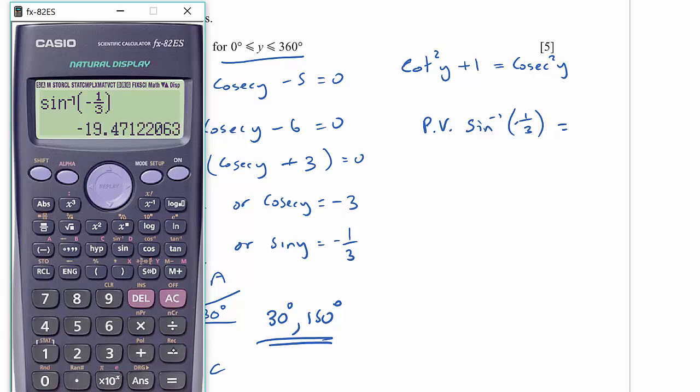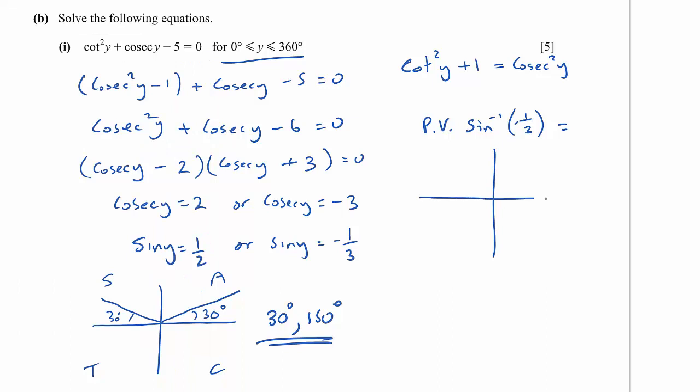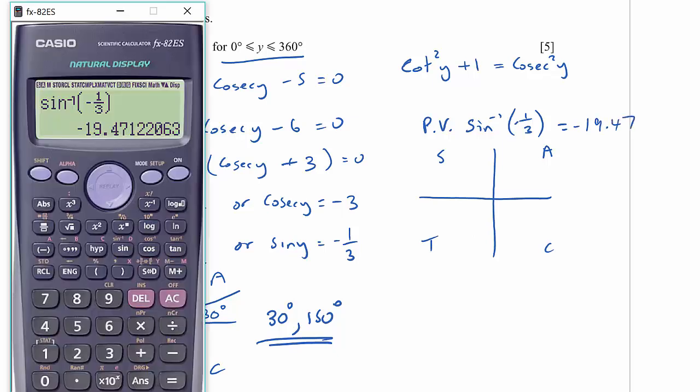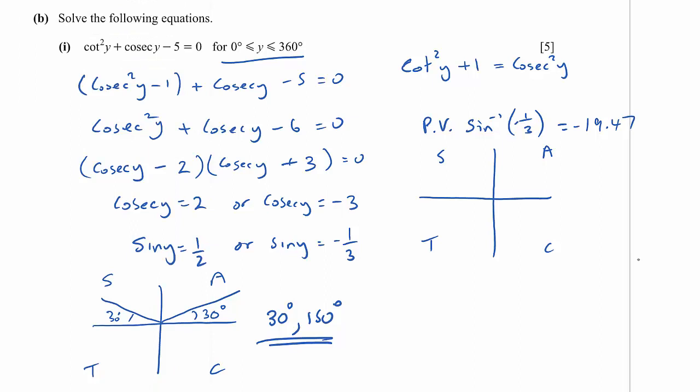So that's negative 19.47. Let's just check. Yep. So that would be there, 19.47. For a sine that's negative, the other one would be in the T quadrant, 19.47.